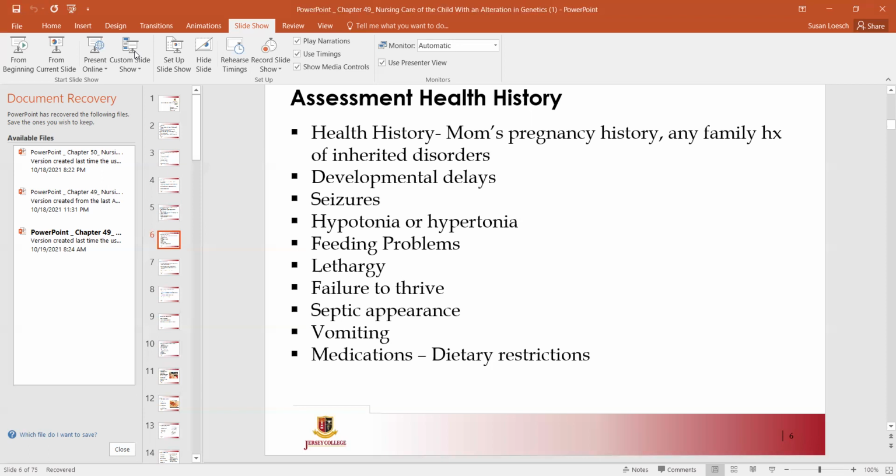So kids with these genetic disorders are frequently admitted to the hospital for other issues or complications and management of the genetic disorder itself.